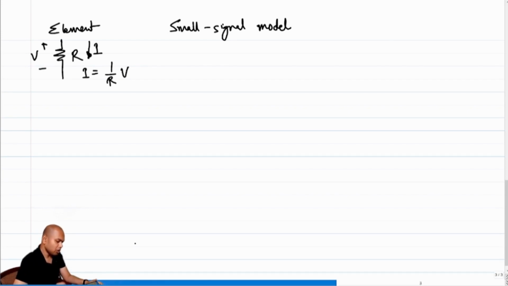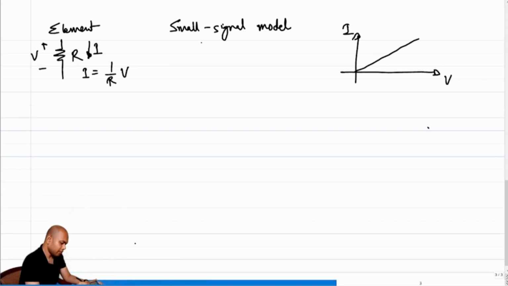So what will be the small signal equivalent of this? Note that the IV characteristic of a resistor is a straight line. And what is the small signal equivalent?